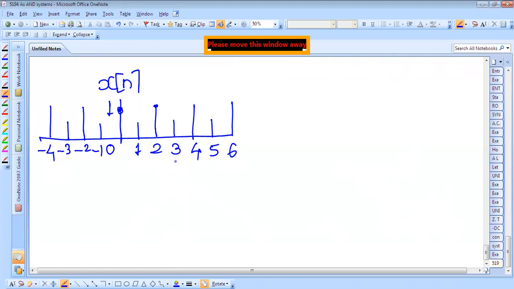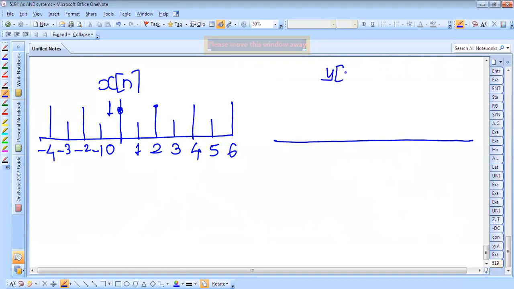We'll consider the effect of scaling on the discrete time signal. Now this is x of n. Now we have to find y of n, and here we will multiply n by 2.